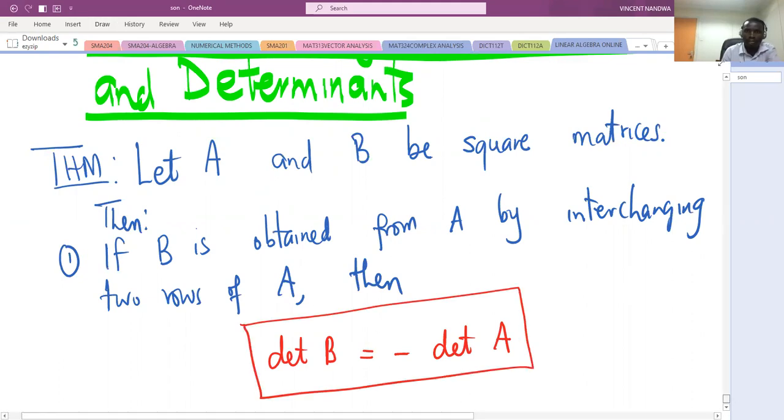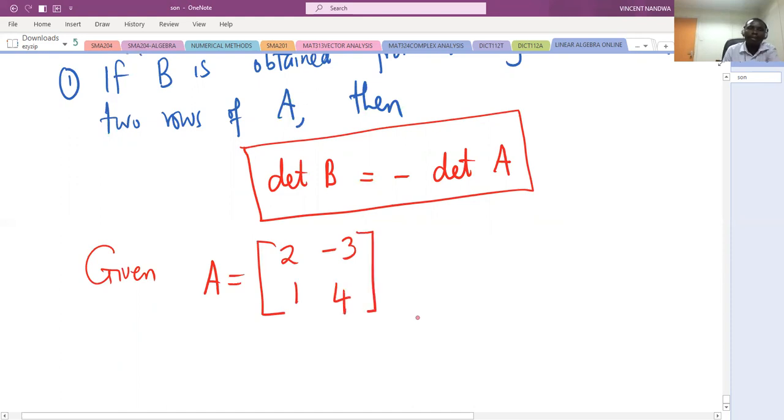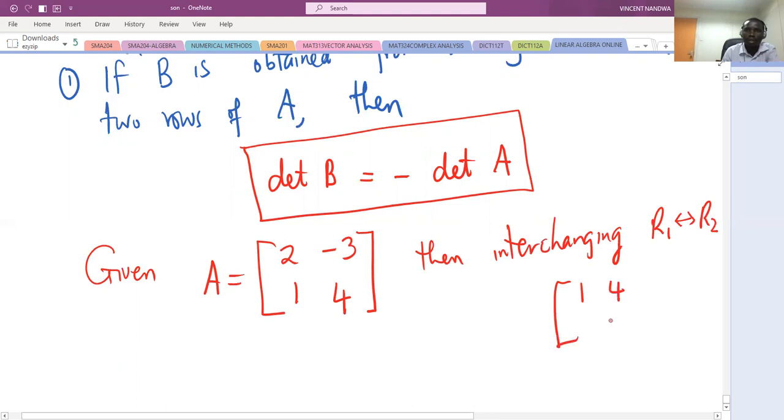So for example, given that A is this matrix, 2, minus 3, 1 and 4, then interchanging row 1 and row 2, we have 1, 4, 2, minus 3.